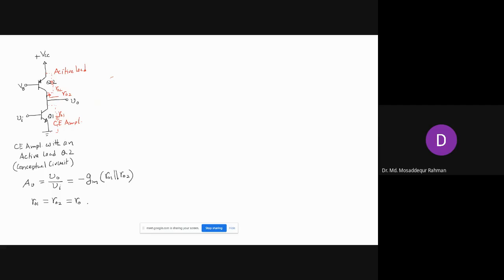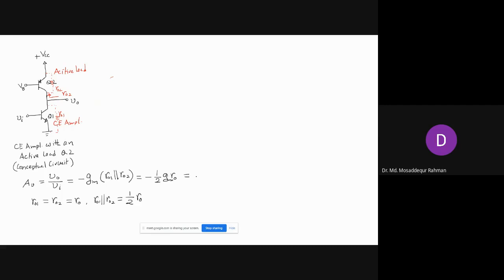So the parallel combination of r01 and r02 you can write as half of r naught. Using that in the expression for gain, we can express it as minus half Gm r naught.